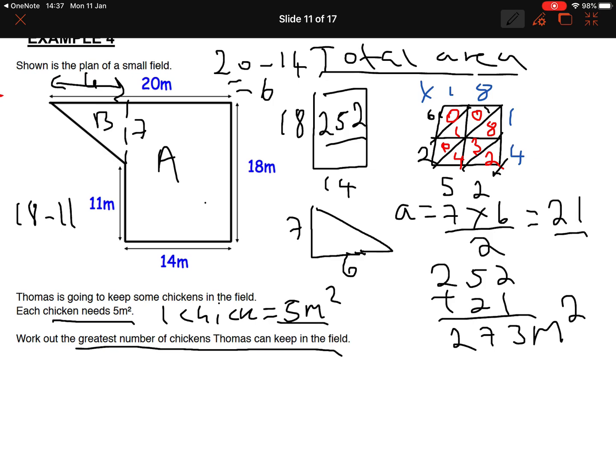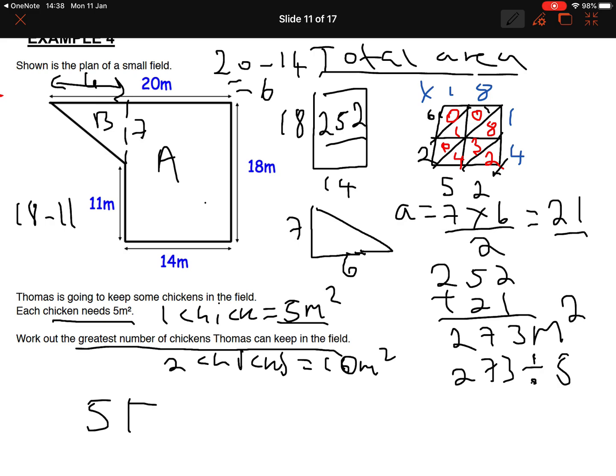Okay, so if one chick occupies 5 meters squared, we know that 2 chicks will just be double that, which is 10 meters squared. 3 chicks, we've got to times it by 3, and so on. Okay, so we need to work out how many 5s there are in 273.